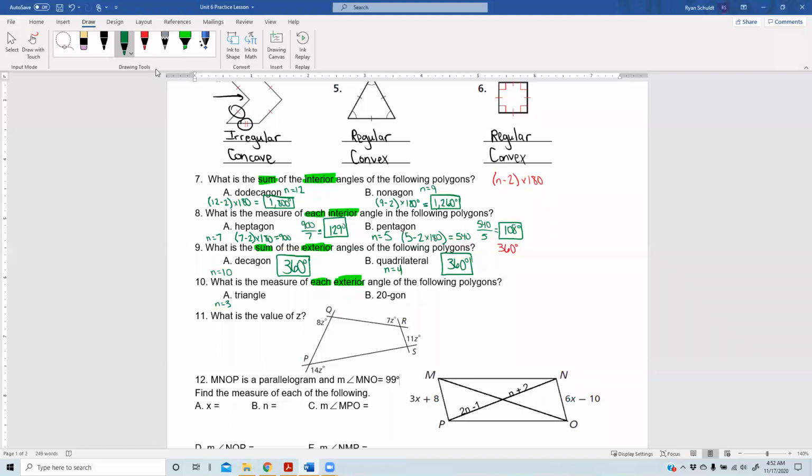So that means I just do 360 divided by 3, which gets me 120 degrees. A 20-gon has 20 sides. So I do 360 divided by 20. And that gets me 18 degrees.